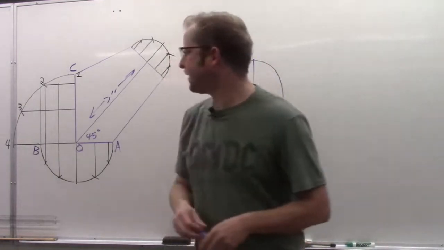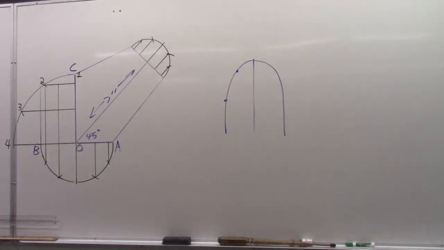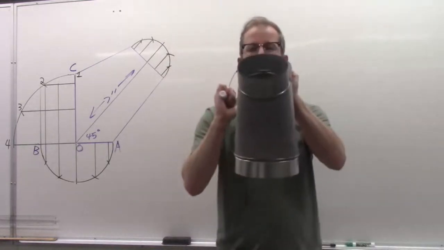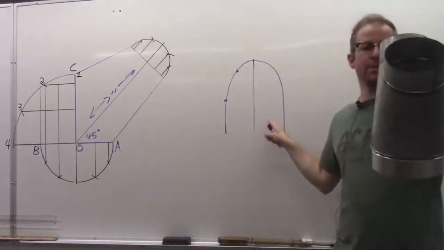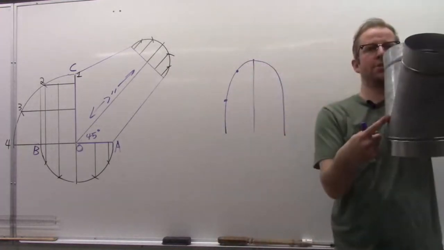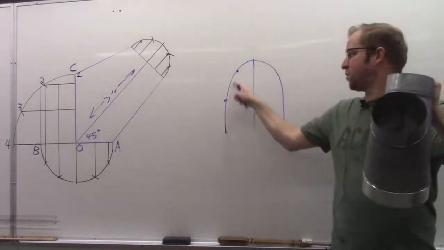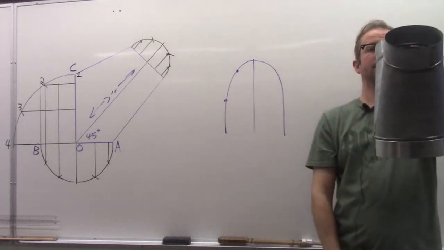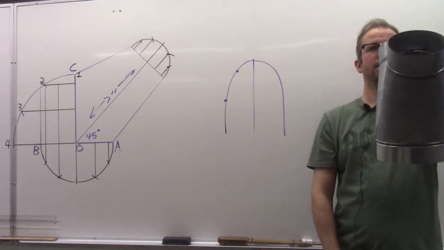If I didn't have this side on here and I was just looking at the end of this, I would see that shape right inside of this crotch. That's the shape of the crotch, looking at it from the end like this. So that's the picture on the right, the one where we're laying out.